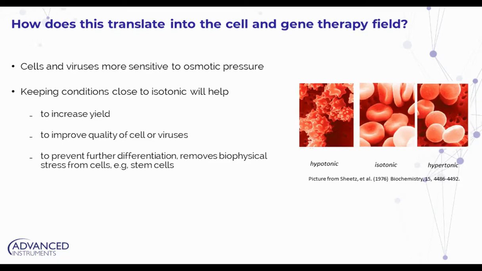And in the case of stem cells, it's known that it would remove biophysical threats from cells, which could lead to an apparent dissociation. So this was a kind of outlook into the future, where osmolality would also be very important.